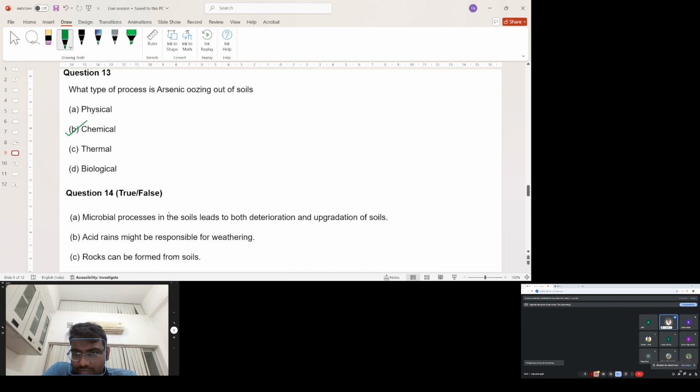I will check and think again. Okay, so here deterioration is obviously due to the decomposition, majorly the presence of organic matter or breaking down of existing particles. Upgradation is where, if there are two grains, hope my writing is visible.